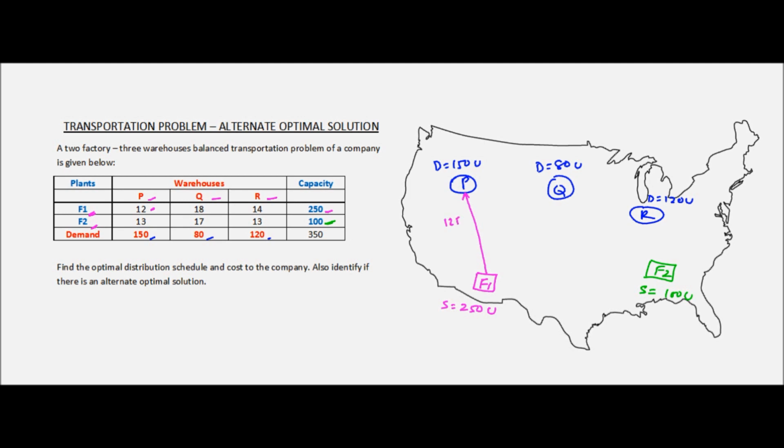We can also transport from F1 to Q, and the cost is 18 rupees per unit. And similarly F1 to R, and the cost is 14 rupees per unit.